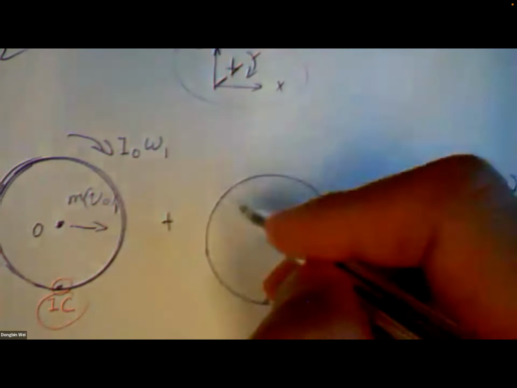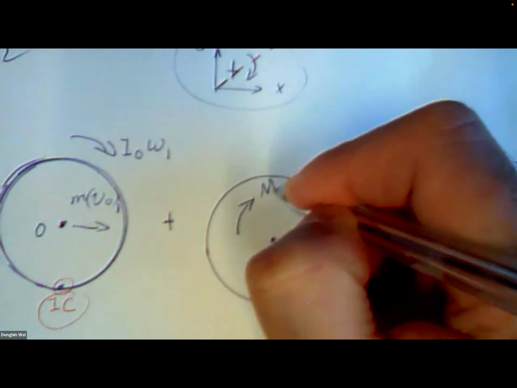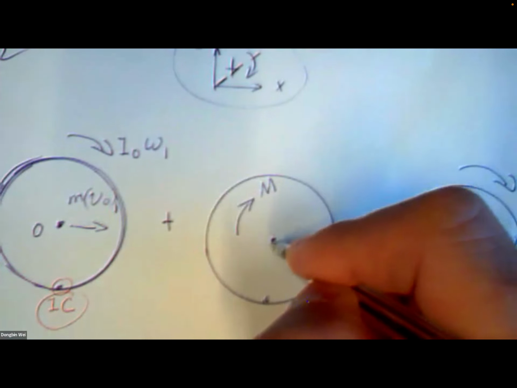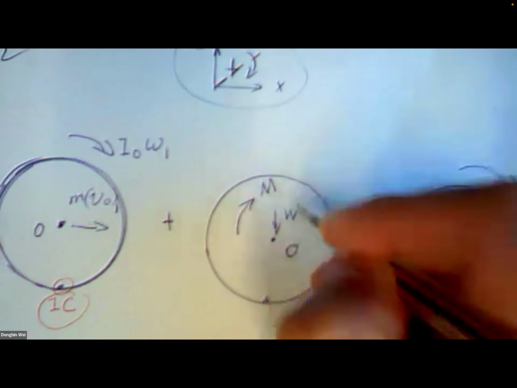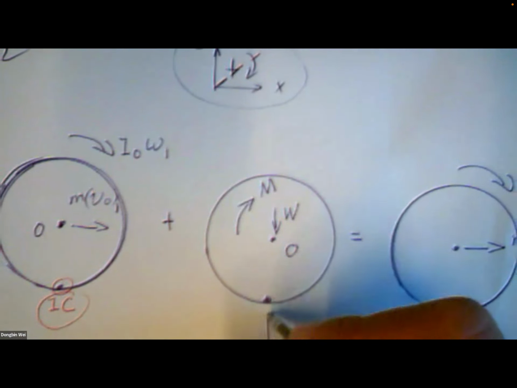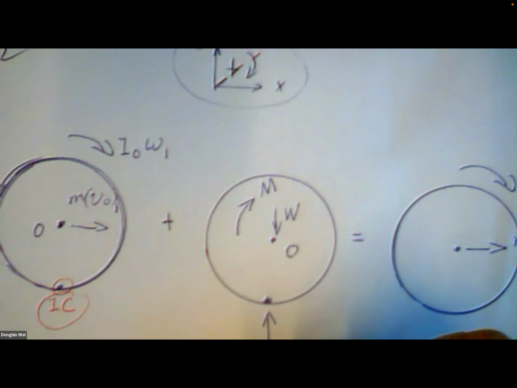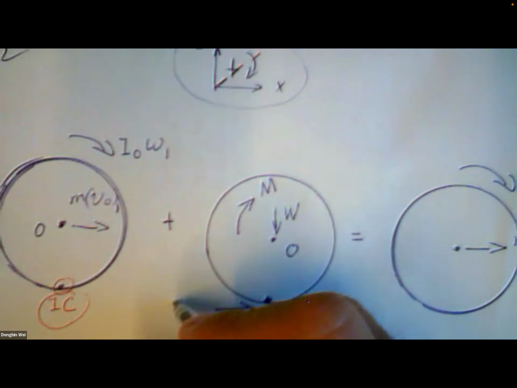So here, of course, we have couple moment M, and here we have weight force W, and at point A, we have reaction force N and friction force F.